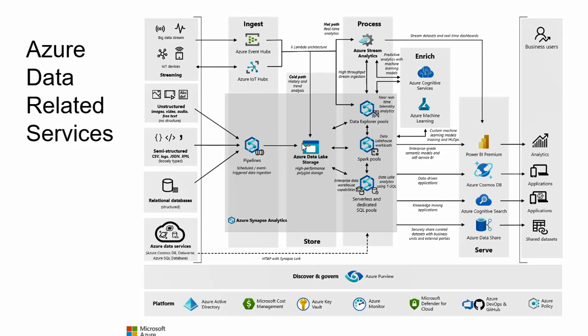This is the storage of a data warehouse and data mart. And we have different pools: SQL pools, Spark pools, Data Explorer pools. All these pools are the compute part. So with compute and storage, this is where the data warehouse and the data mart sit.